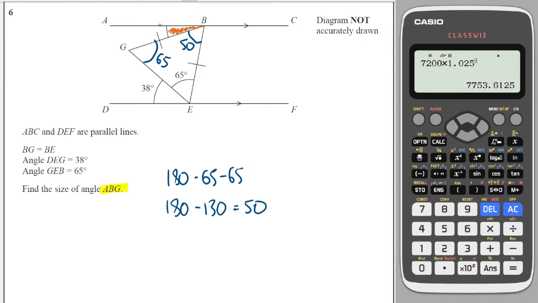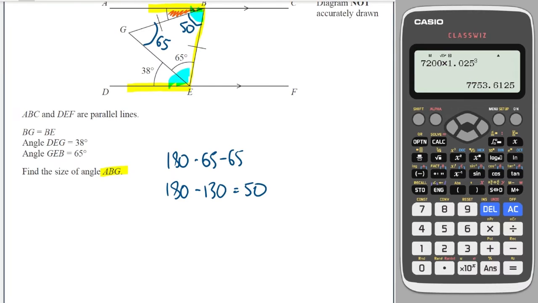And we also have this co-interior angle, so the yellow is going to make a C, which tells me that the angles here add to 180 with the angles up here. So we get 38 plus 65 is equal to 103.